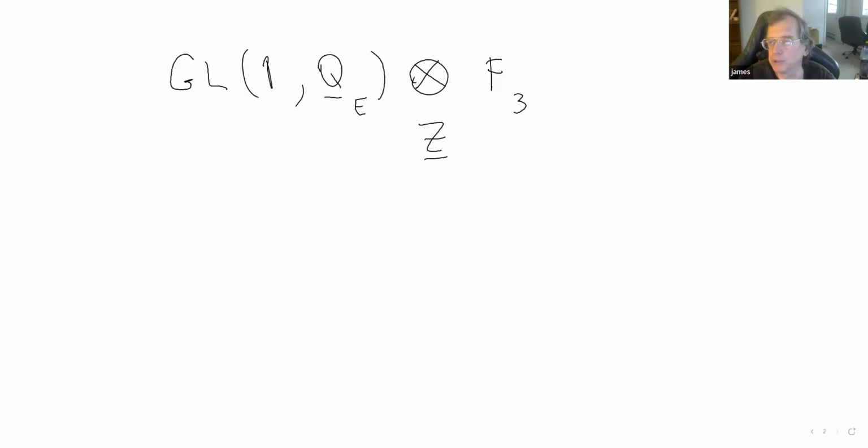All right, I have a really stupid question. How stupid of a mistake am I making here? So we're doing linear algebra over F3, so it's characteristic 3.